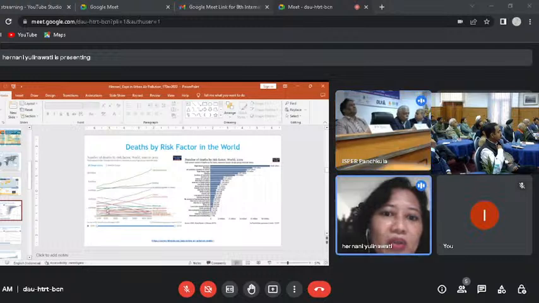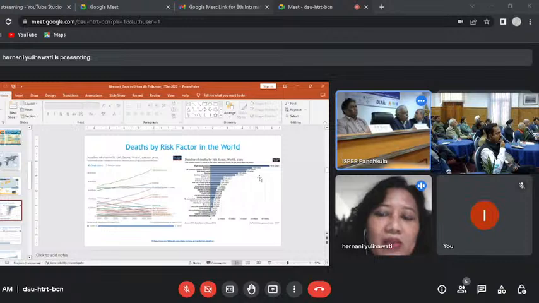We see the outdoor pollution is getting higher, and indoor is actually getting lower. So if we see the risk factors, air pollution is the number three risk in the world.